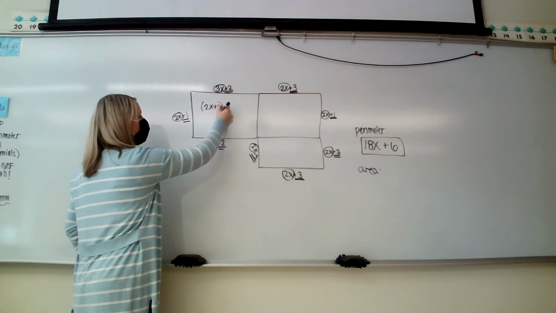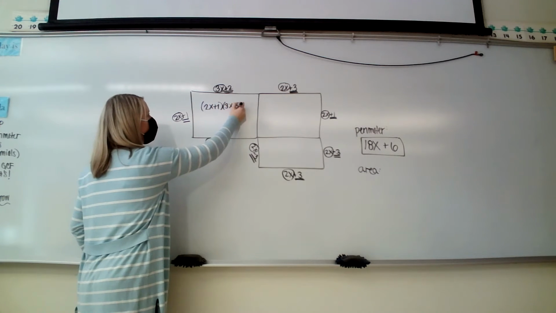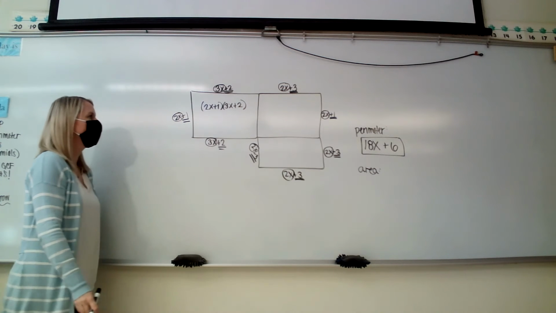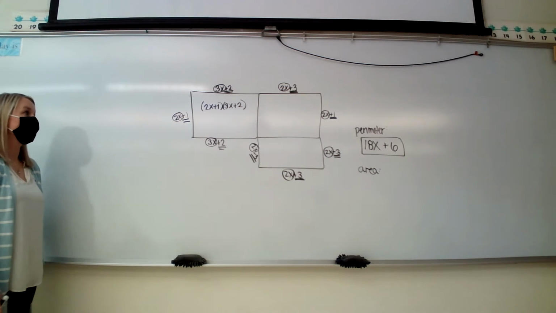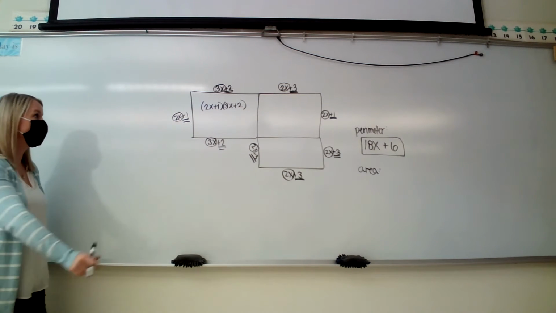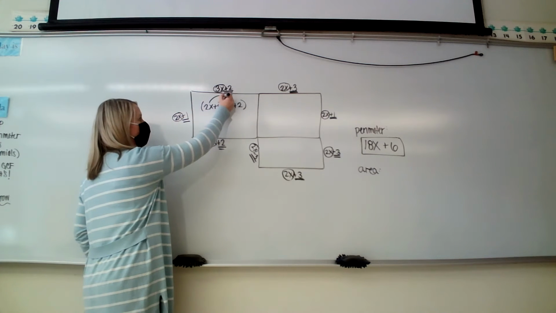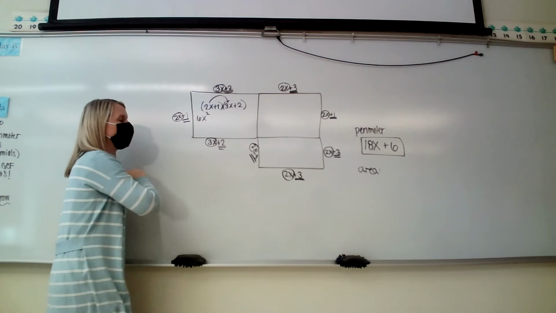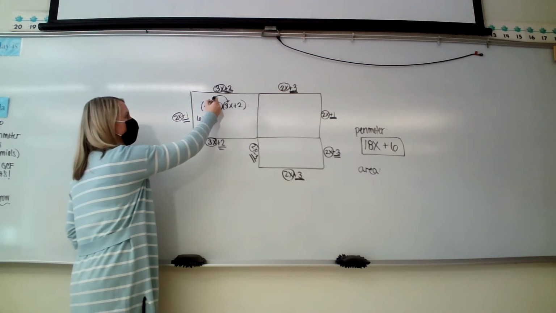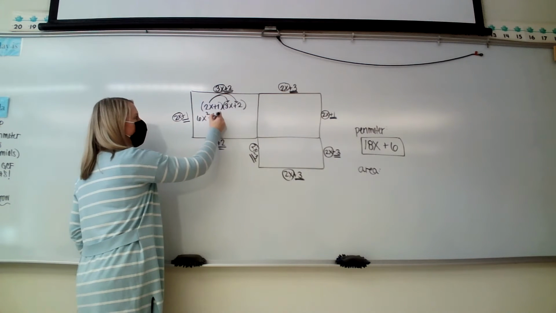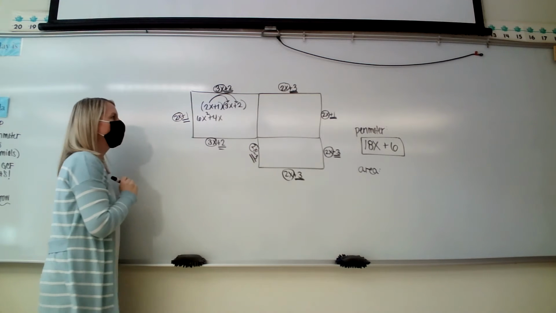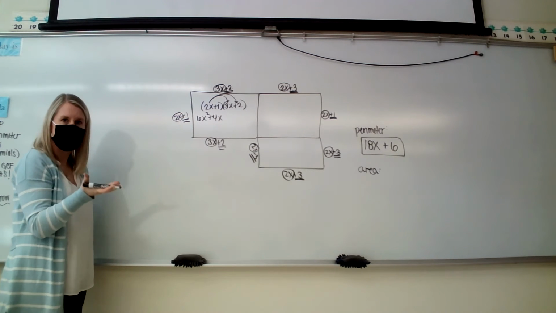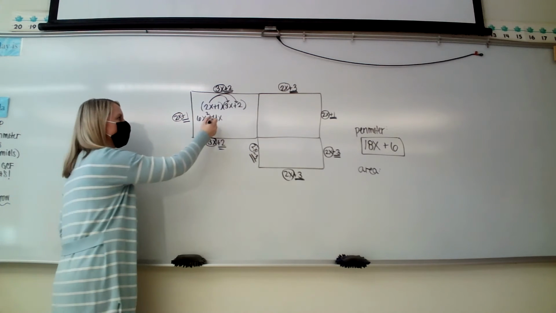2x plus 1 times 3x plus 2. I'm going to multiply that out by distributing. If I distribute the first term, remember the big one, 2x times 3x is 6x squared. And then distribute again, that gives me plus 4x. And then once again, if we have a binomial with 2 terms, then we have to distribute again.